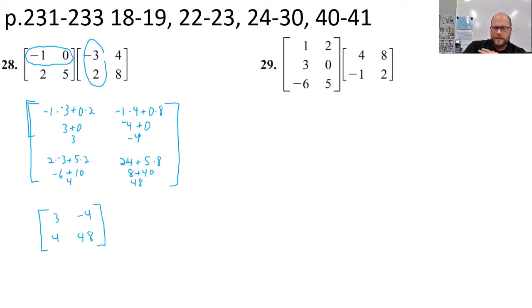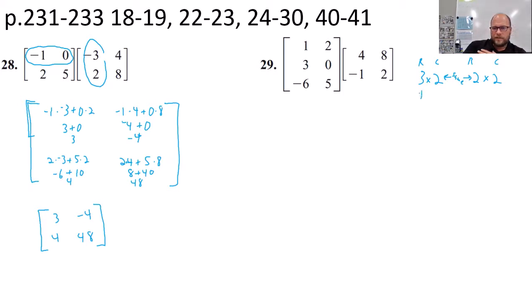If I write this out as the type of matrix it is, this is a 3-row by 2-column matrix. The second one is a 2-row by 2-column matrix. Again, these are row, column, row, column. If these two numbers are the same, again, they can be multiplied.